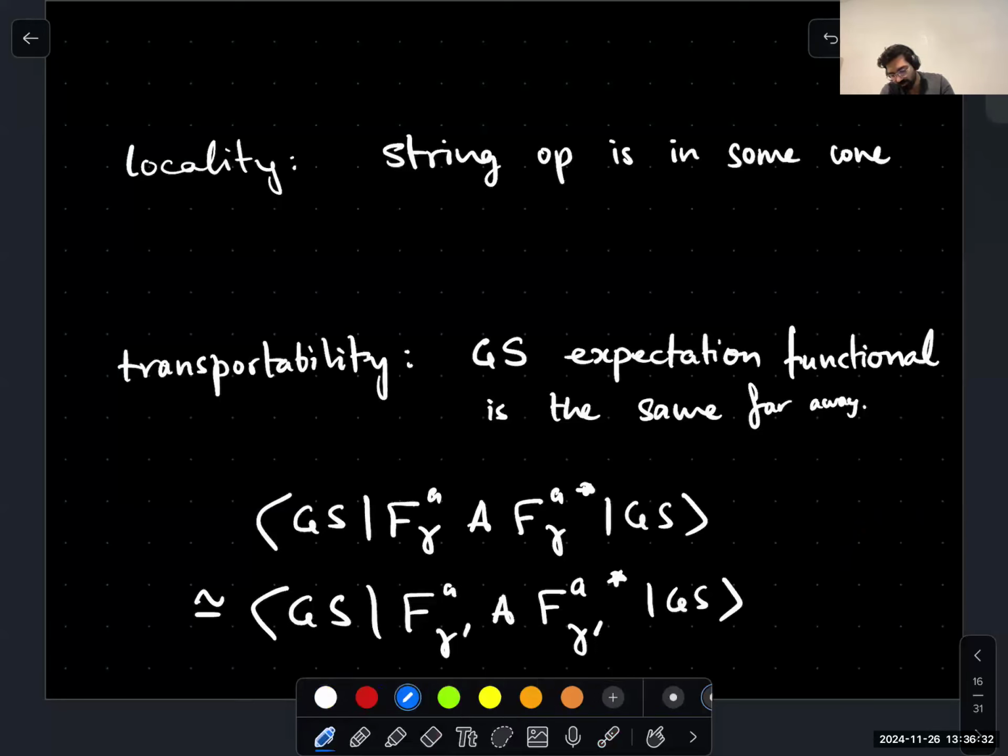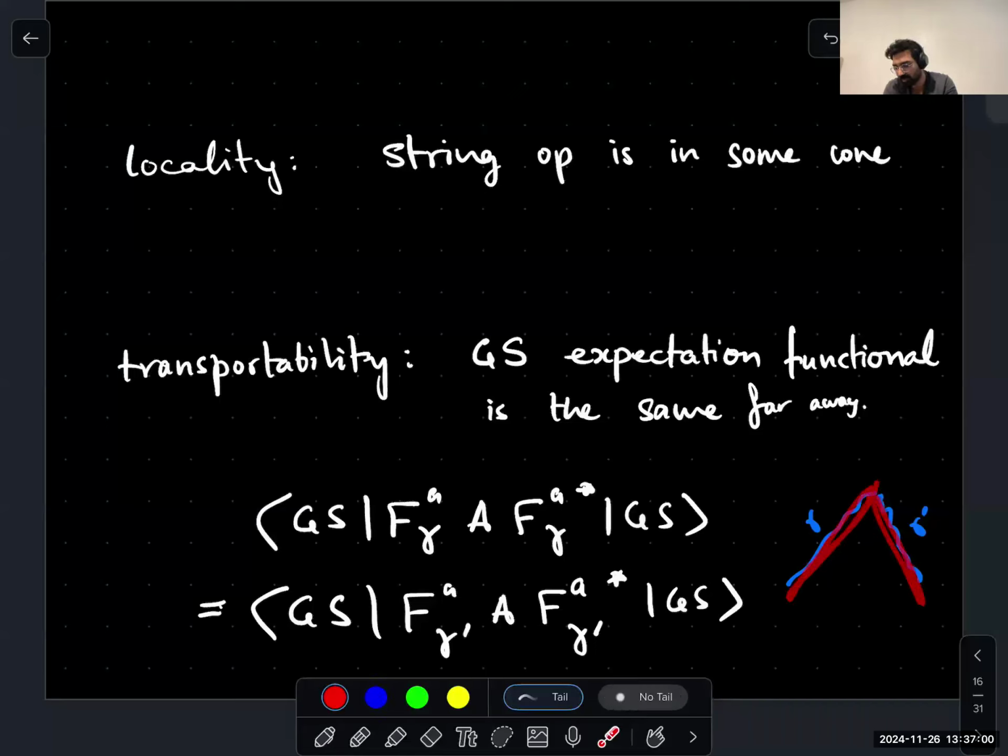Let's say I have two different string operators, f gamma over here and f gamma prime over here. If these two string operators truly have the same starting point, then it turns out that the expectation of this conjugation on some ground state is going to be equal for both of these, because the string operator can be moved to this other one.